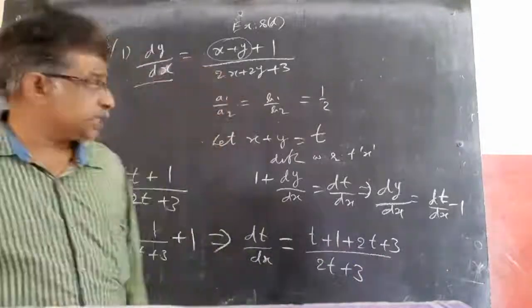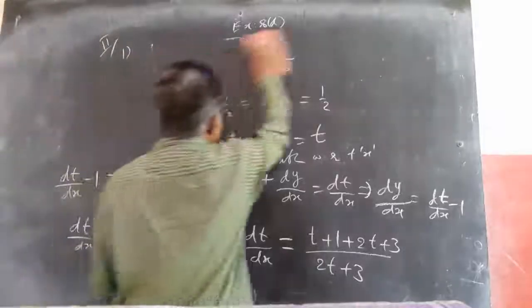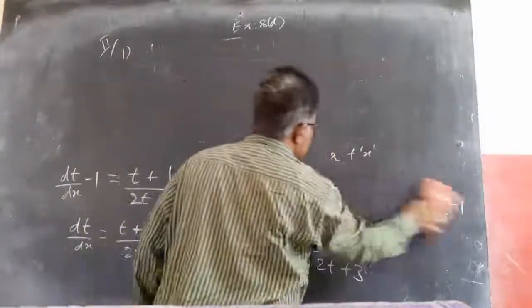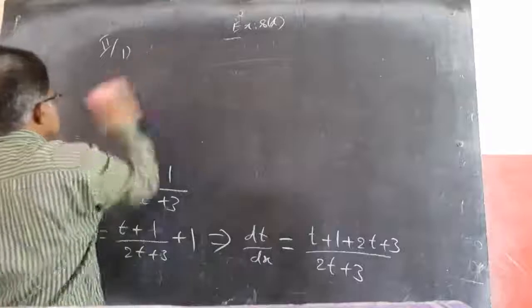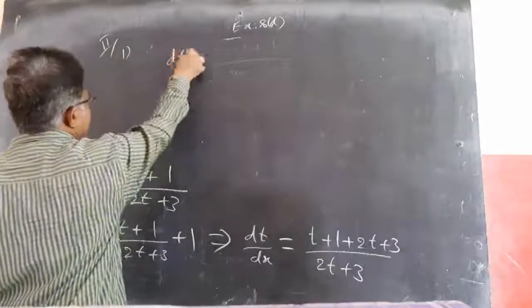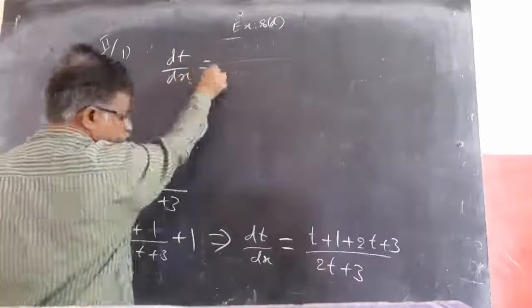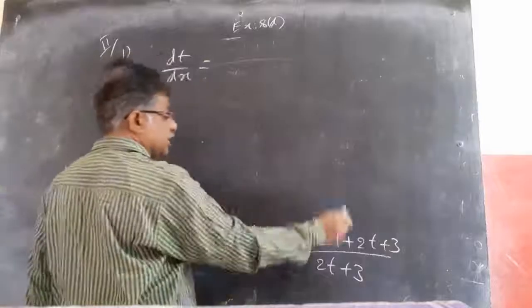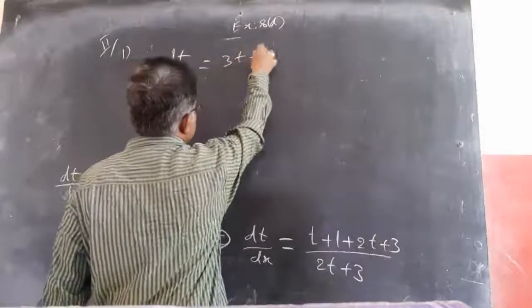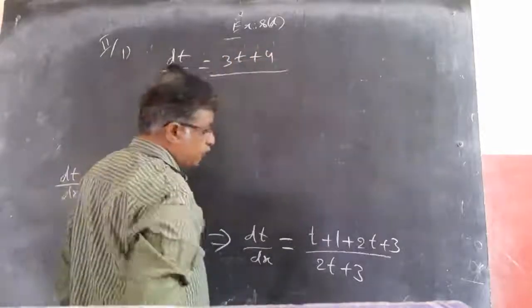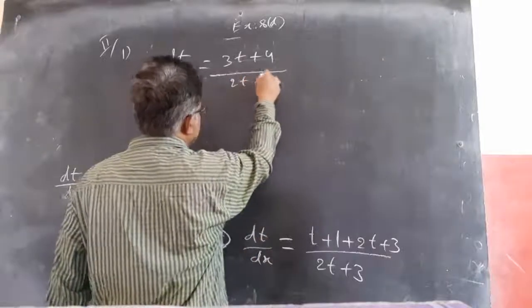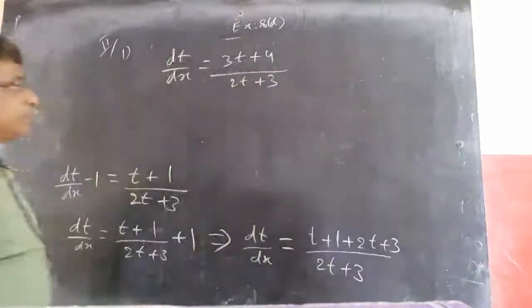So the final equation is dt by dx equal to 3t plus 4 by 2t plus 3.